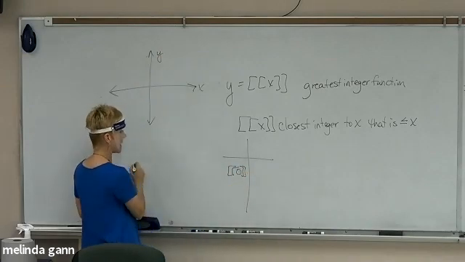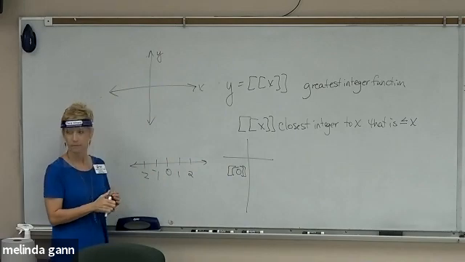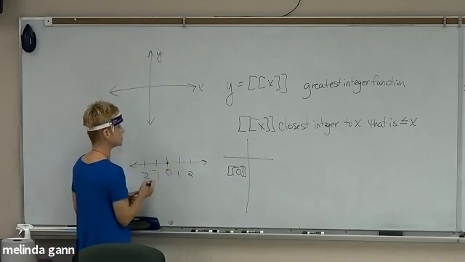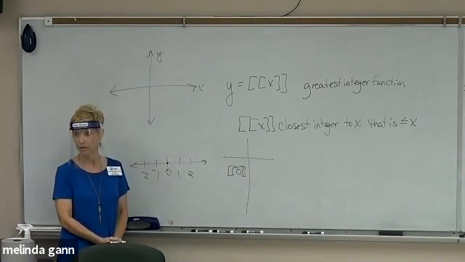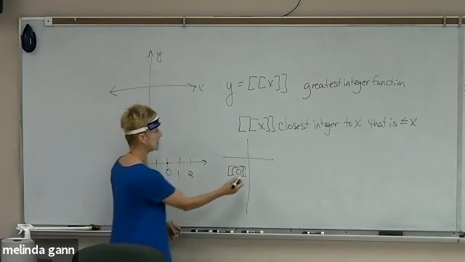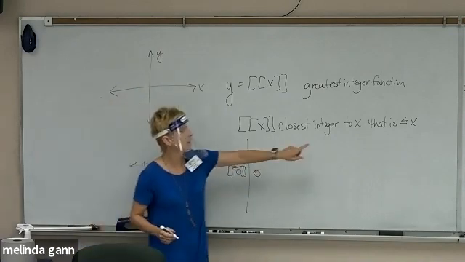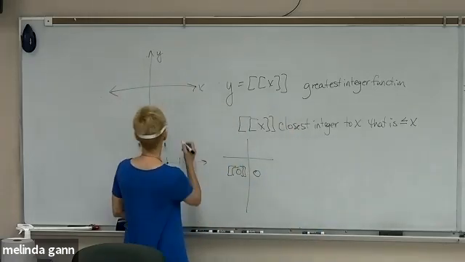Now, think about a number line. I need the closest integer to 0 that's less than or equal to 0. Do you understand that would be 0? Because it can be less than or what? Equal to. So 0.